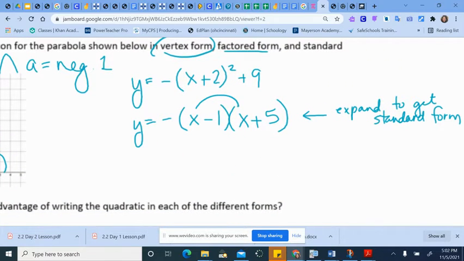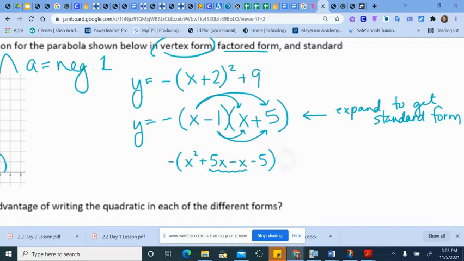So we're going to distribute, right? So x times x, don't forget my negative. I'll deal with that in a little bit. x times 5, -1 times x, -1 times 5. Distribute that, combine my like terms, and then distribute that negative.